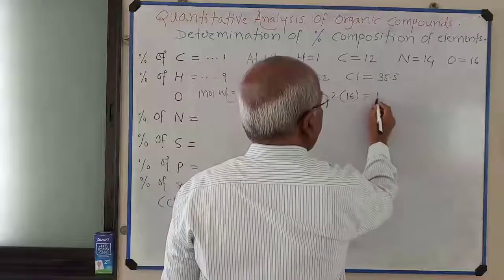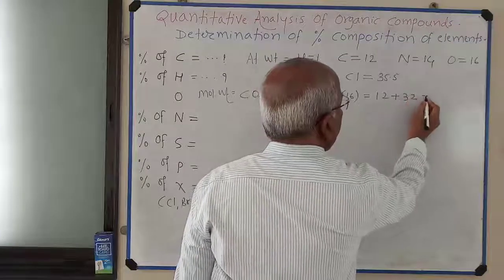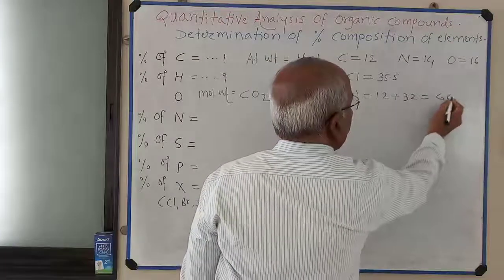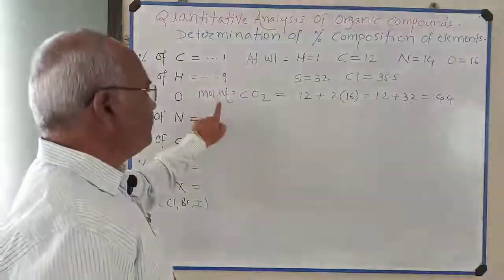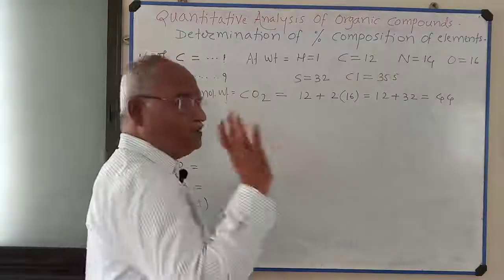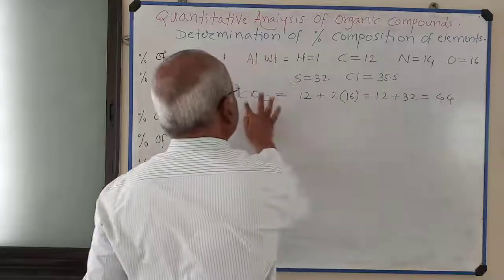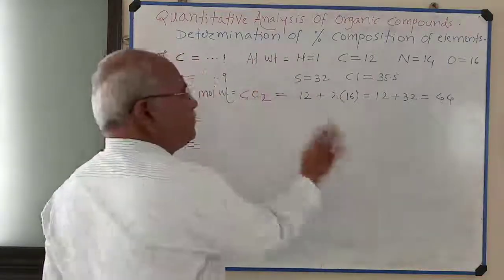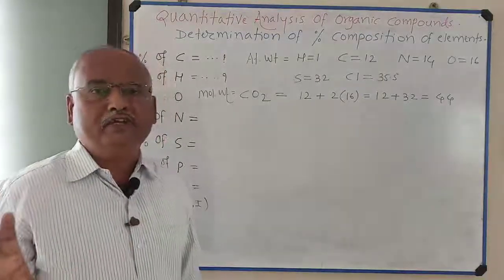Therefore, that is equal to 12 plus 32, that is equal to 44. So, molecular weight of CO2 is 44. That means 44 gram of CO2 contains 12 gram of carbon.